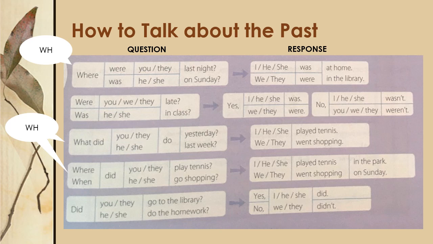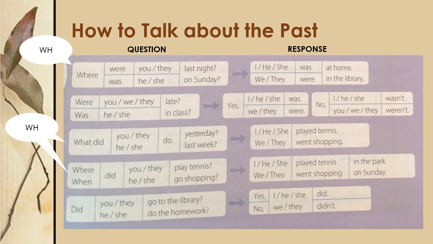Where were you last night? I was at home. Now, as you can also see, there are time words here. Last night, on Sunday. You may need to put time words in order to specifically talk about the past.